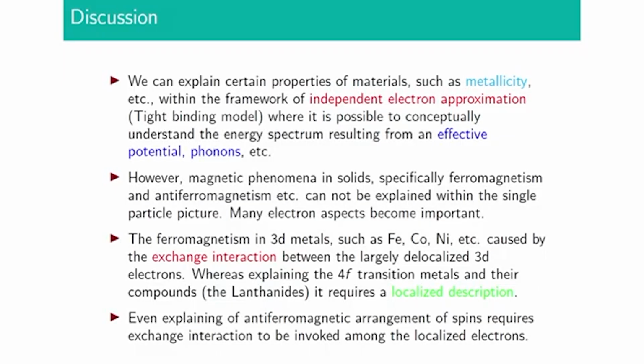We start by saying that there are certain properties, such as metallicity, which we know metals can be explained within the framework of the independent electron approximation. For example, a tight binding model.